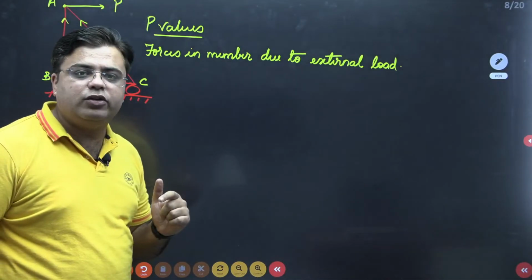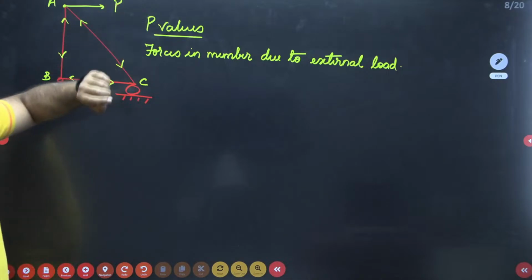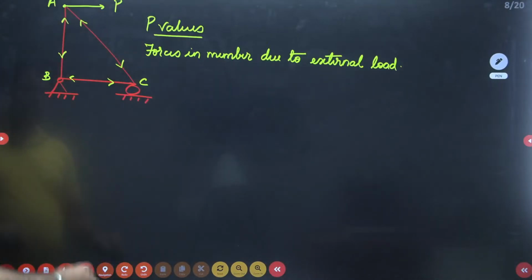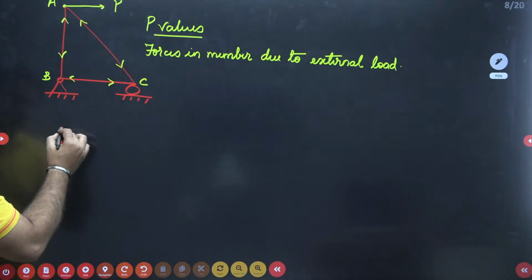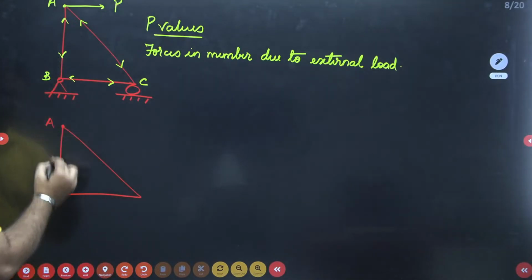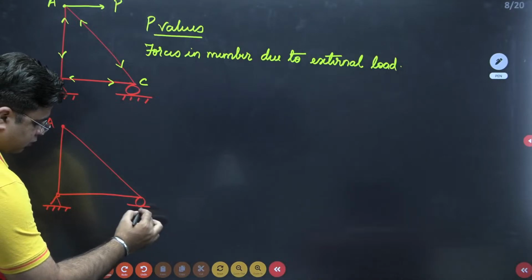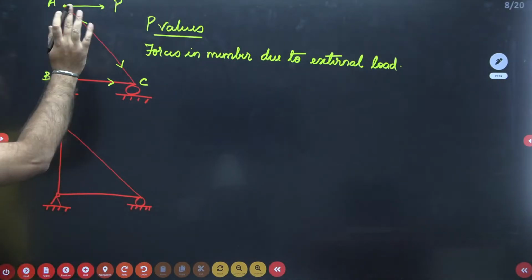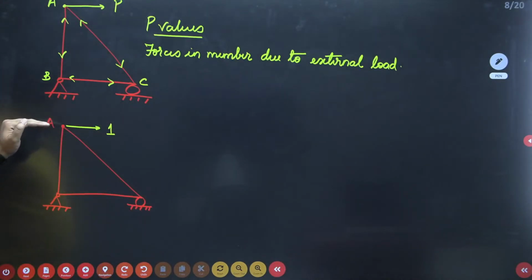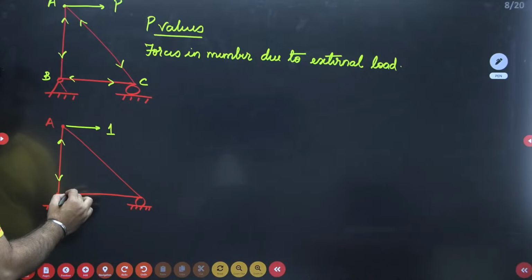Now step number 2 in unit load method is, I want horizontal deflection of this point A. So I will remove all the external load and I will apply a horizontal unit load at point A. So if this is my truss again, this is point A. I'll apply a unit load in horizontal direction because I want horizontal deflection of point A. And then I'll calculate again all the member forces.